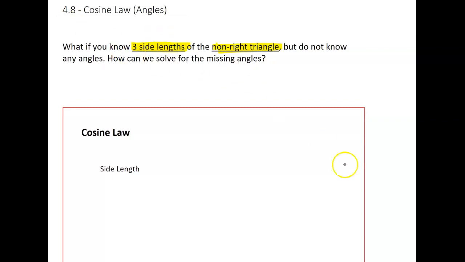So far we've learned that the cosine law, the formula for it for when we're solving for a side length, is written as c squared equals a squared plus b squared minus 2ab cos of the angle c. Now you have to recall that this formula was derived when we have a non-right angle triangle and we are given 2 sides and the angle between it.